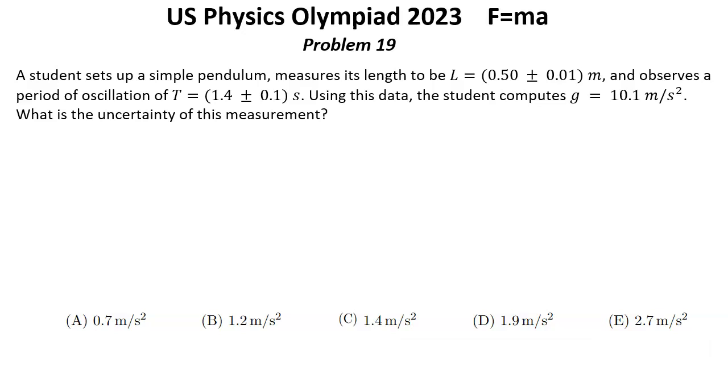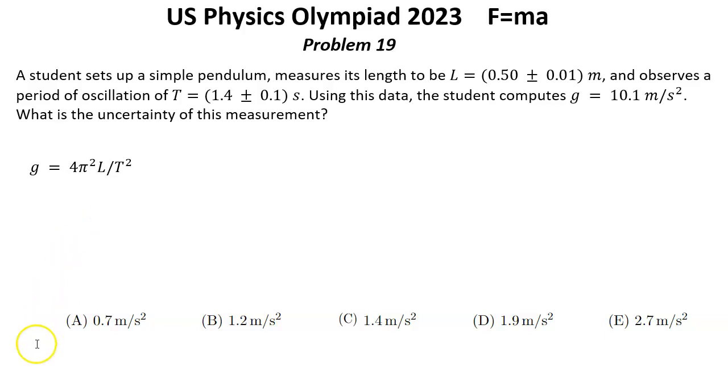Solution for problem number 19. From the formula for a mathematical pendulum we have g equal this expression, and we can use the standard rules for propagation of relative uncertainties. The relative uncertainty of a product or ratio of two quantities adds in quadrature, and the relative uncertainty of a squared quantity is doubled.